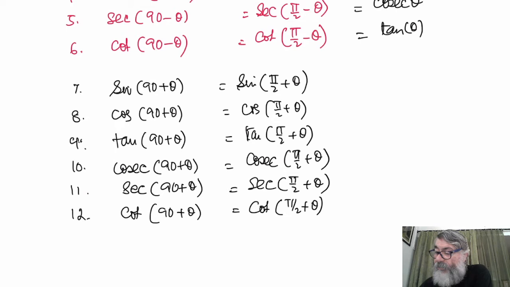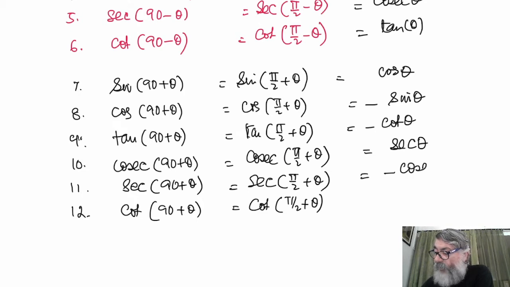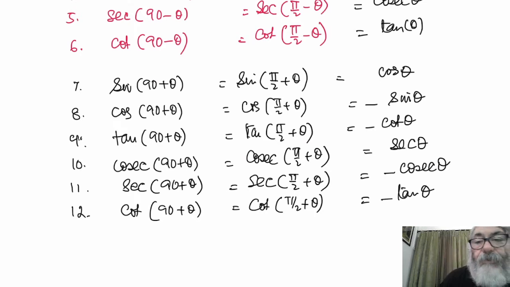Sine will change into cos, so it will remain positive. Cosec will change into sec, so it will remain positive. Cos will change into minus sine theta. Tan will change into minus cot theta. Sec will change into minus cosec theta, and cot theta will change into minus tan theta. Is that clear?